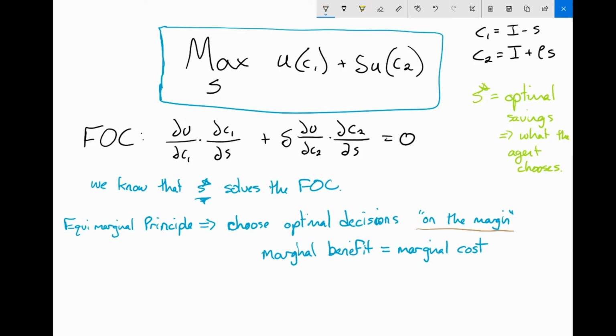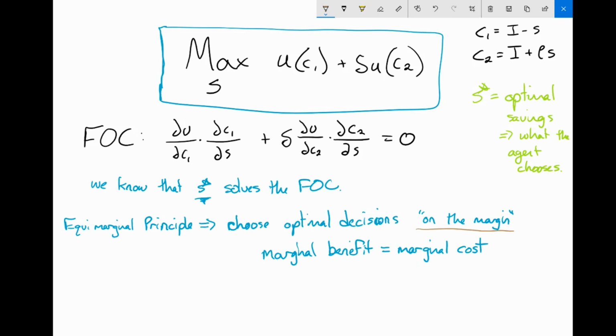They're choosing between, will I save one more unit of my income? Am I going to save one more dollar? Will I save one less dollar? They make decisions on that marginal unit, that one marginal dollar. Do I save one more dollar?